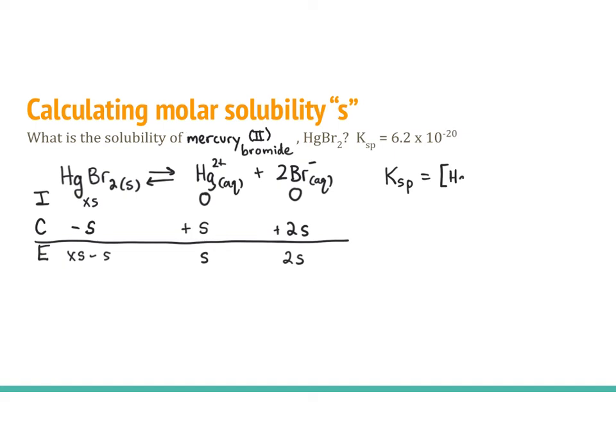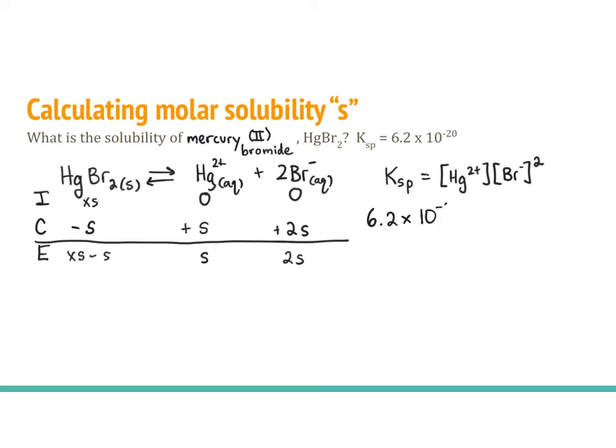So it's going to be the concentration of the mercury ion to the first power because the coefficient here is 1. But then it's going to be the concentration of the bromide ion squared because in a K expression, the coefficient becomes the exponent.